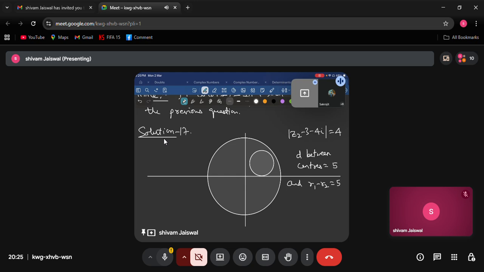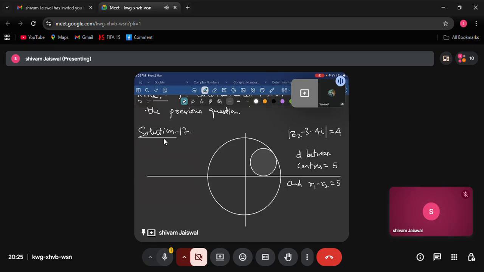So what does it imply? It implies that the circles touch each other internally. Can you people understand? This is how the diagram will look like.